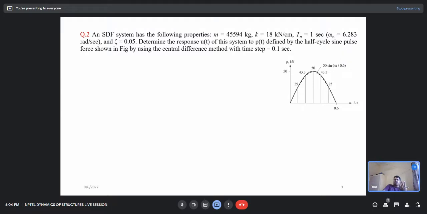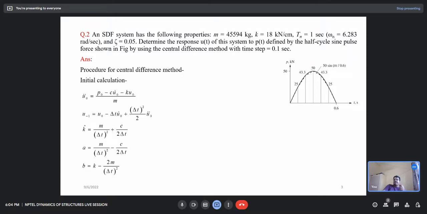For the central difference method, we have a procedure. First we do the initial calculation. The initial calculation contains u double dot, the initial acceleration, calculated as p naught minus c u dot naught minus k u naught, divided by m.